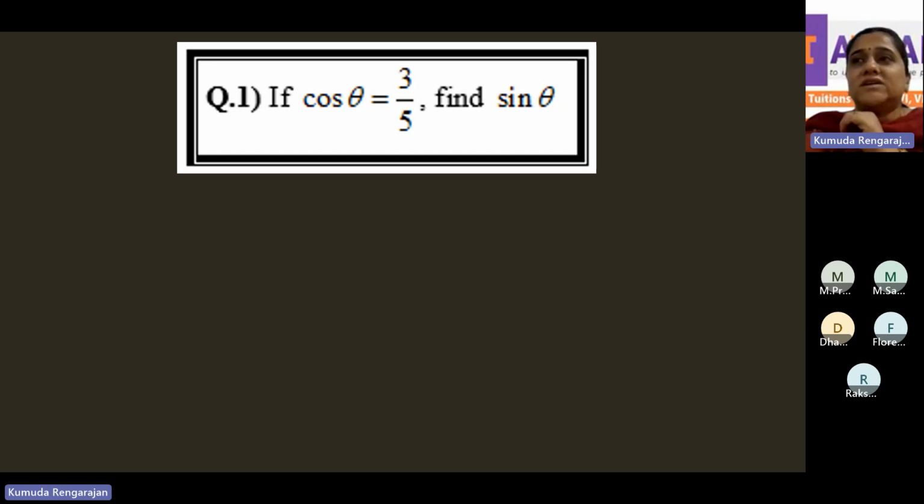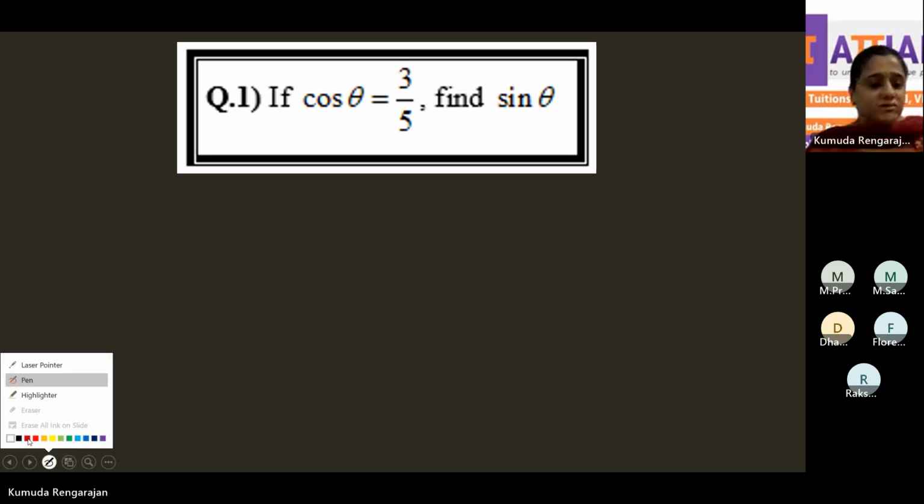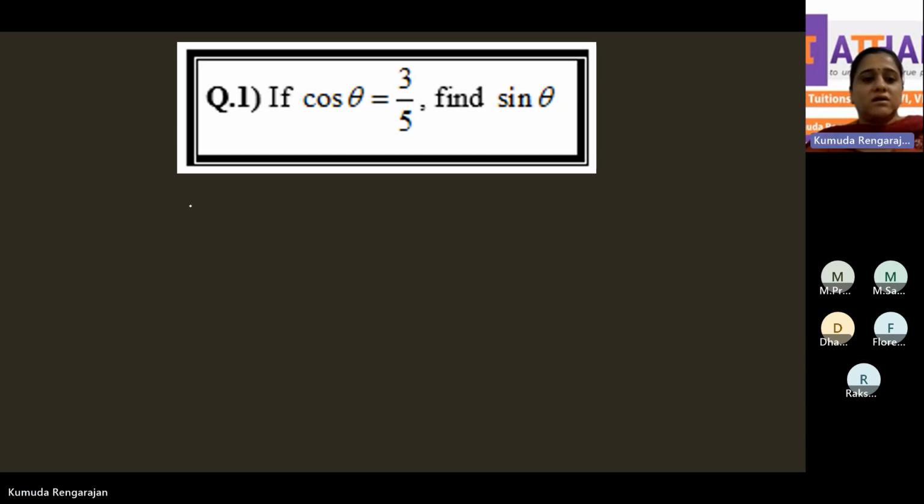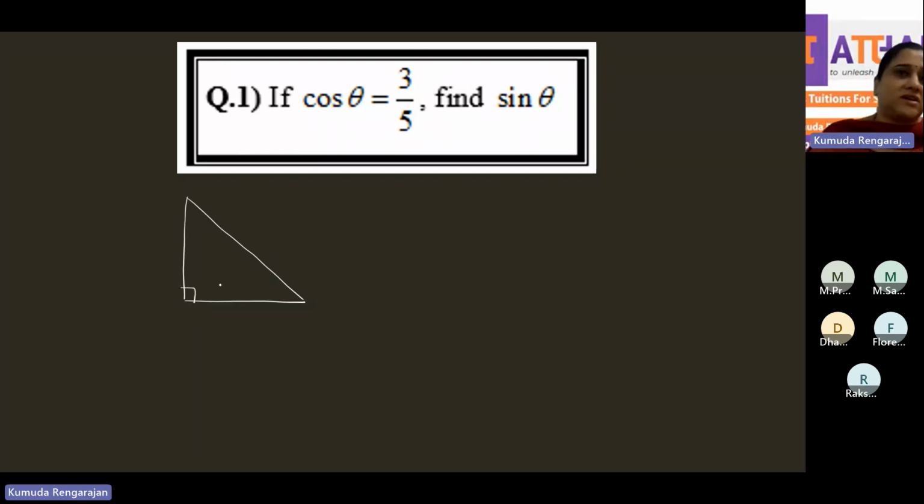If cos theta is equal to 3/5, find sine theta. See here, very simple. You need to take up a right triangle and mark off any acute angle as theta.